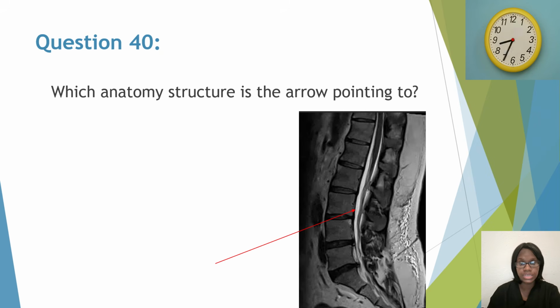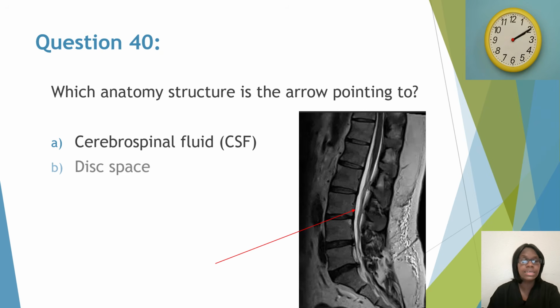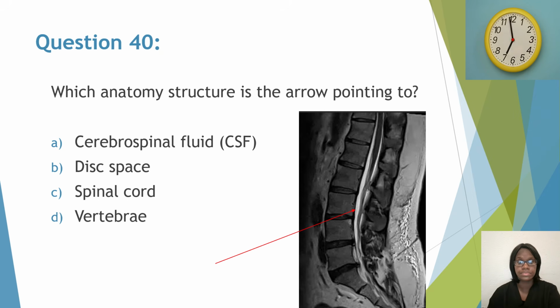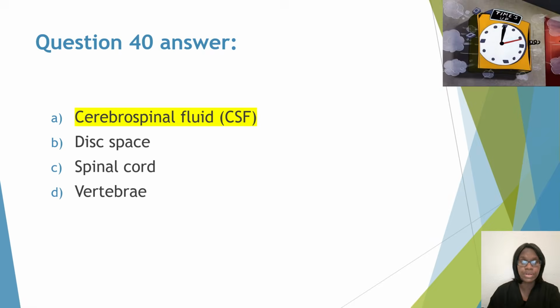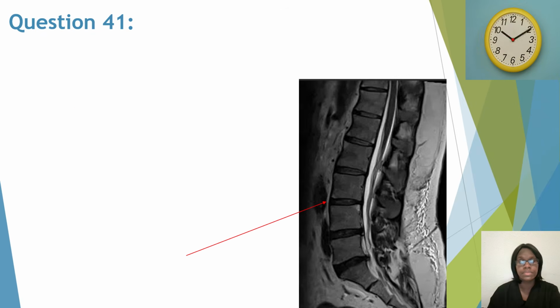Which anatomy structure is the arrow pointing to? A, cerebrospinal fluid, CSF, B, disc space, C, spinal cord, D, vertebrae. All right, the correct answer is A, cerebrospinal fluid.